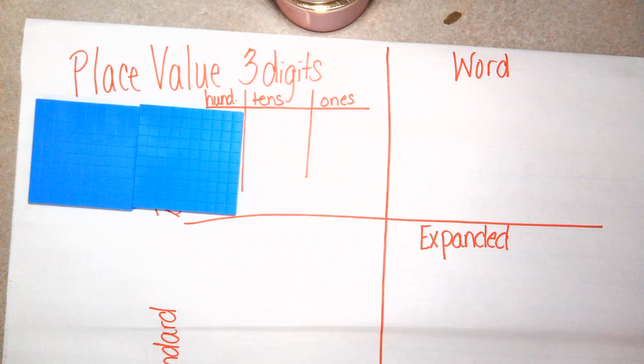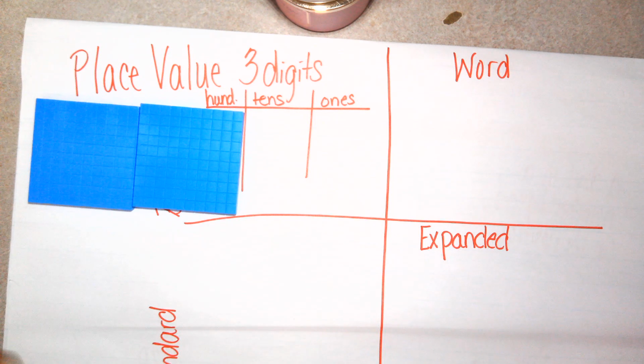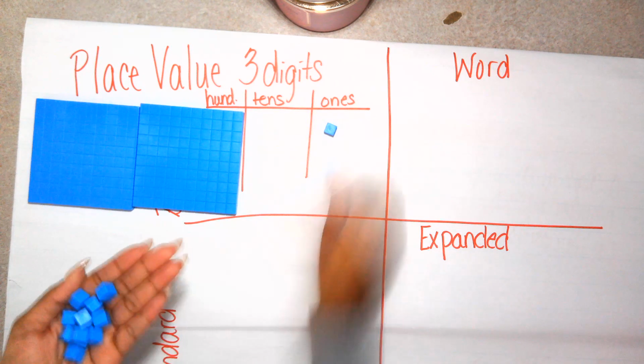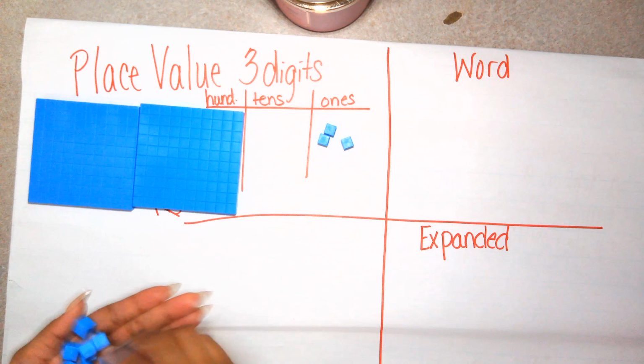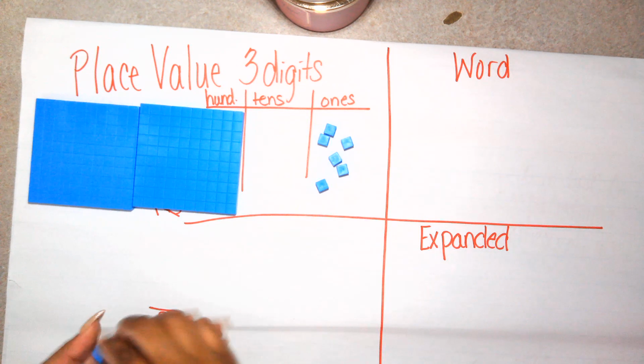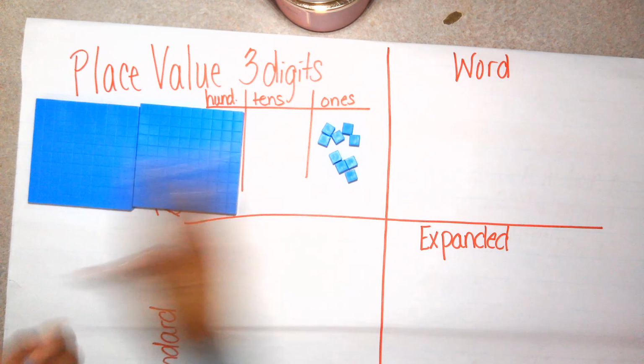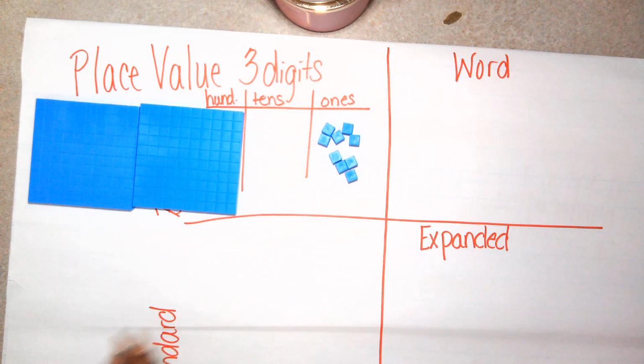I just said 209. So if I have 200, all I have to do is take 9 units. 1, 2, 3, 4, 5, 6, 7, 8, 9. So this number shows 209.